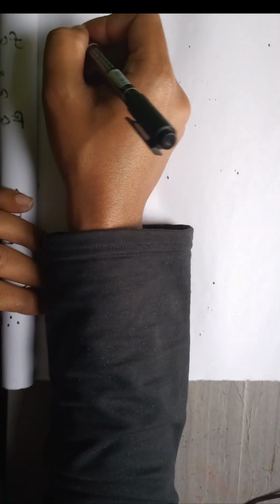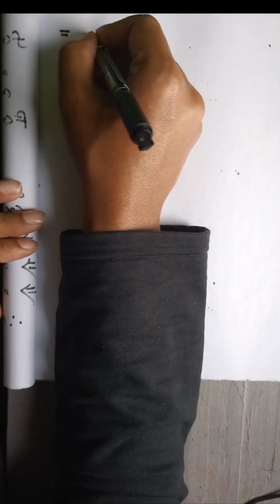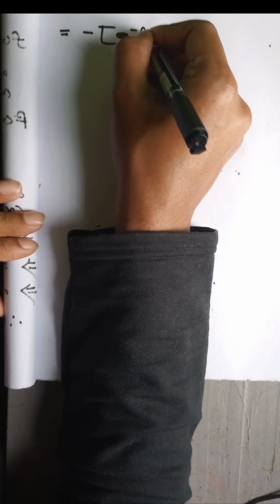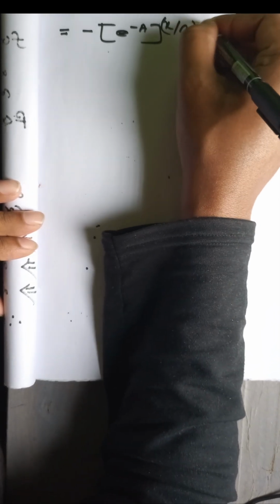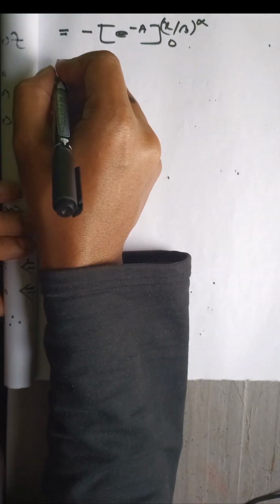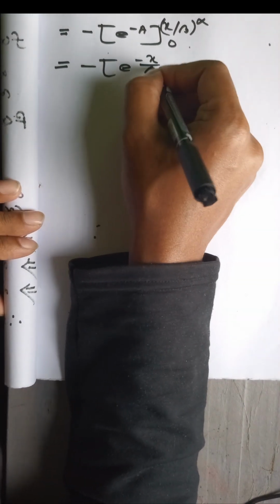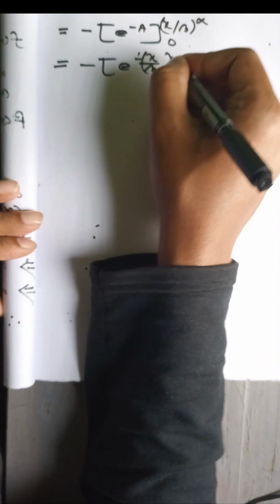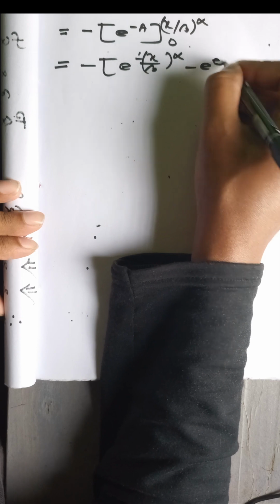Next we can write minus e to the power minus a, from 0 to (x by beta)^alpha, which is minus e to the power minus (x by beta)^alpha minus e to the power 0.